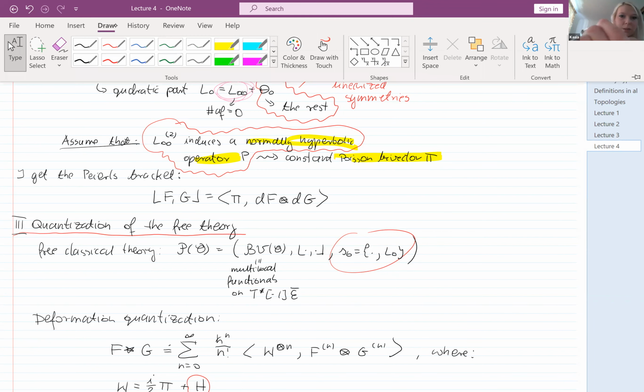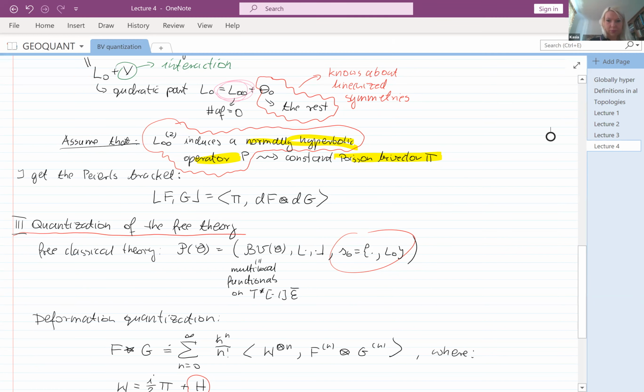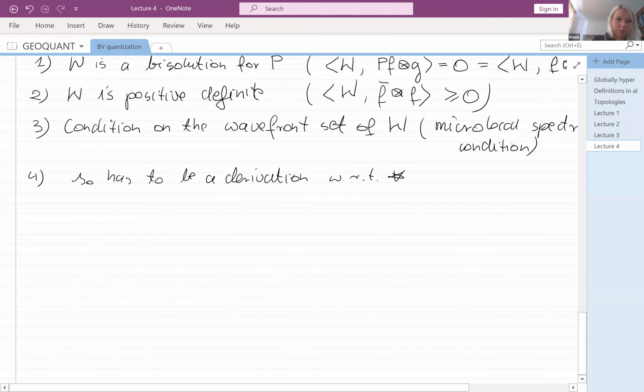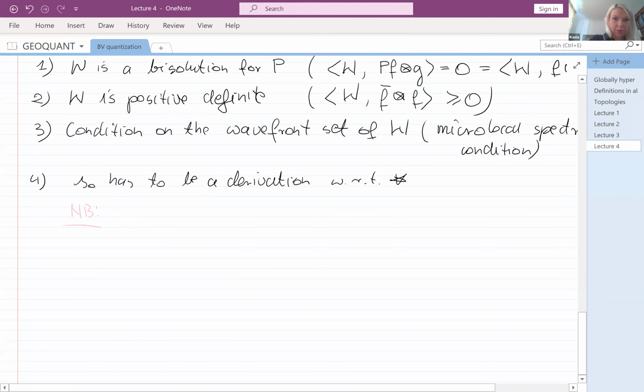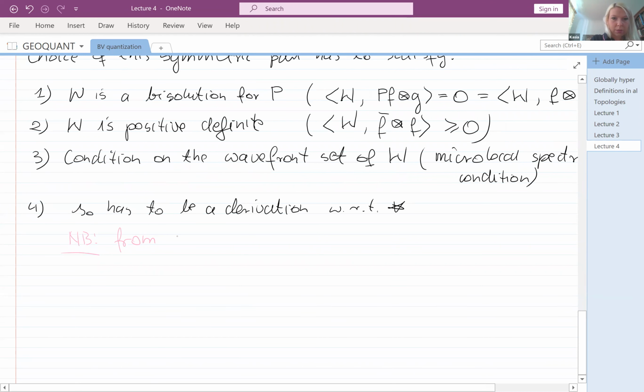So let me just make that a remark. From 1, it follows that bracketing with L00 is a derivation with respect to star.